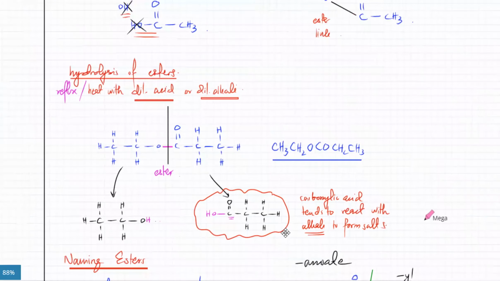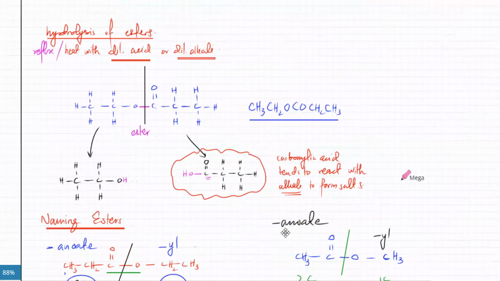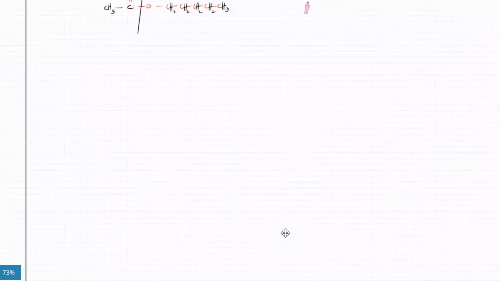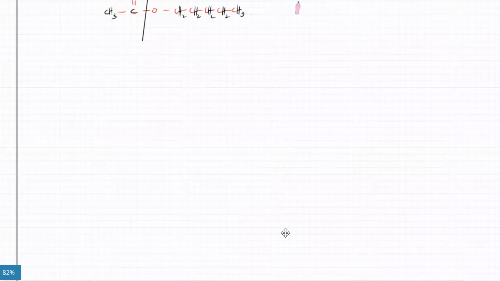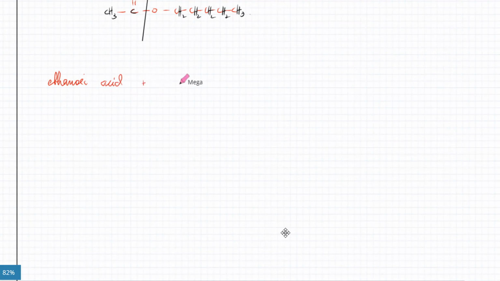So that's everything. What I want you to do is, I'm going to give you questions. Send them to me quickly: draw these esters and name them as well. So I have ethanoic acid and I want to react it with butan-2-ol. Butan-2-ol is basically butanol; the 2 means the OH is on the second carbon atom.